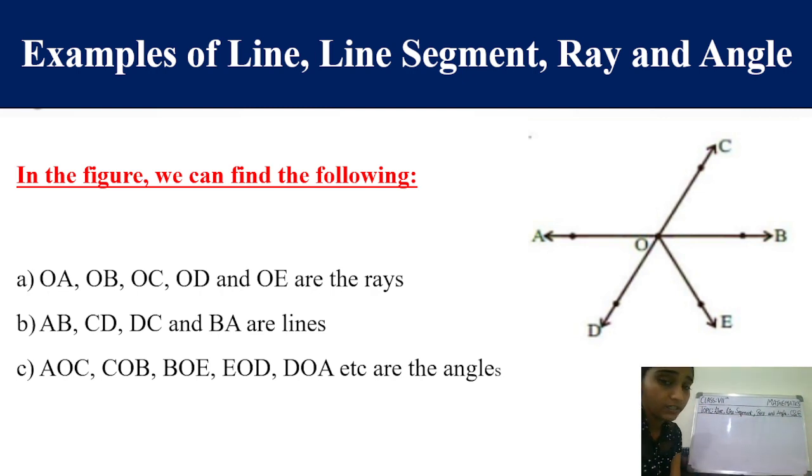Yes, very good. The vertex is O. So note down a few points, and also identify the different angles present over here. Similarly, you can identify those and just note them down.